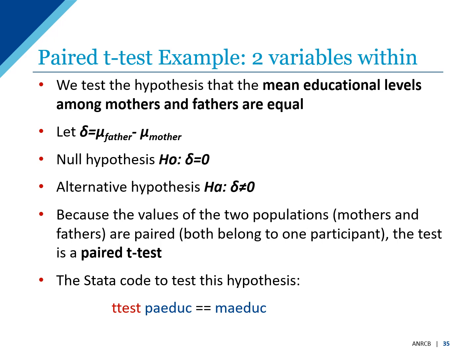Because the values of the two populations, mothers and fathers, are paired within each participant, the test is a paired t-test. The Stata code to test this hypothesis is simply ttest, and the father's education variable is equal to mother's education variable.